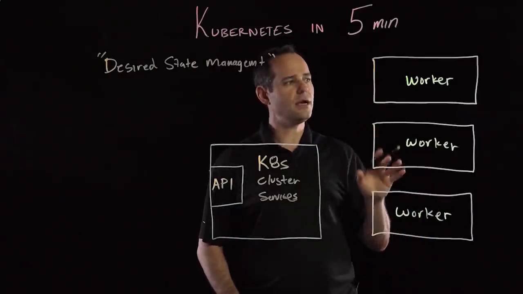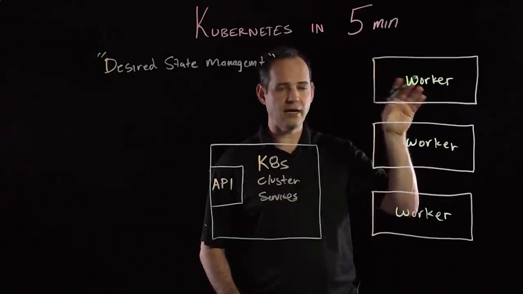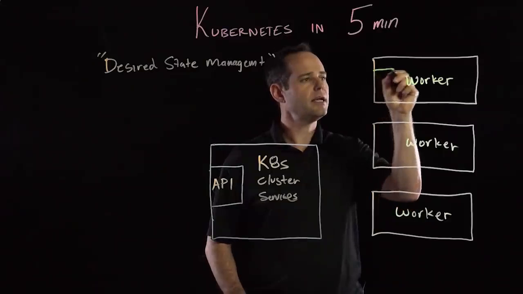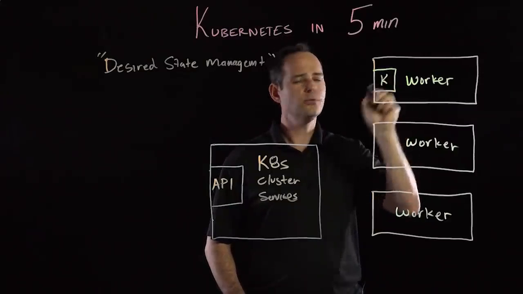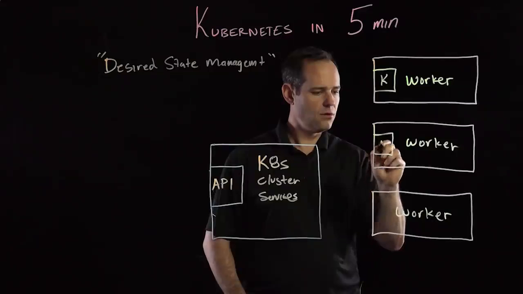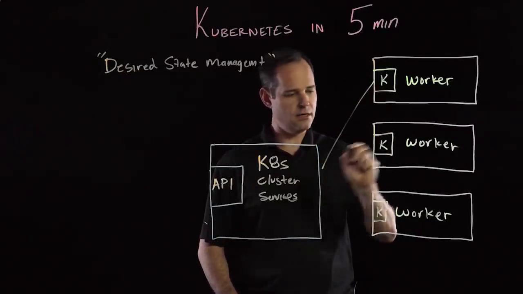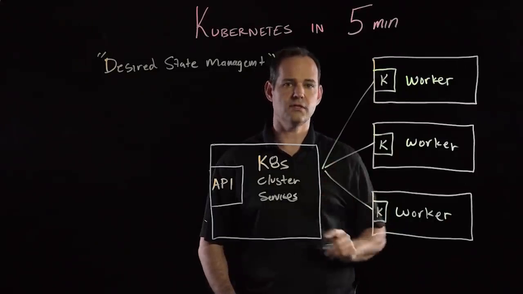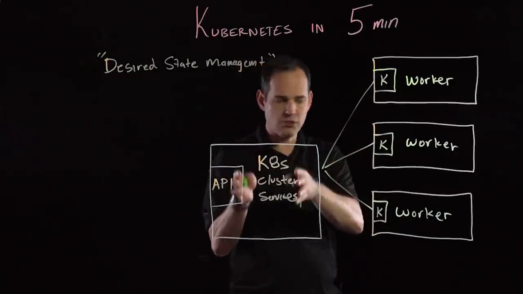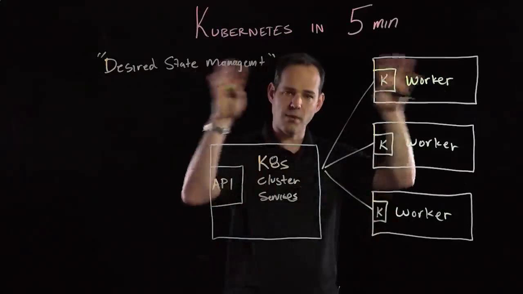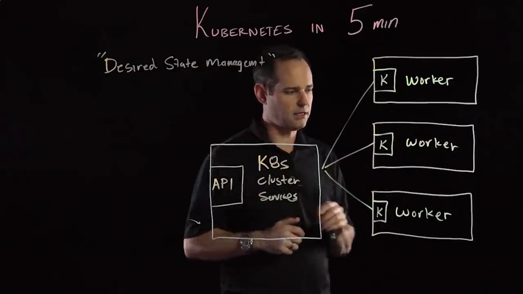The one thing unique about a worker in a Kubernetes environment is that it has this kubelet process that runs, which is responsible for communicating with, yes, you guessed it, the Kubernetes cluster services. The cluster services and the workers together make up the Kubernetes cluster.